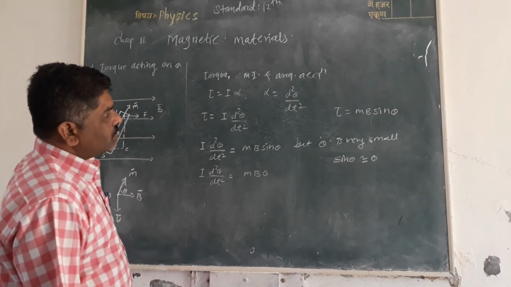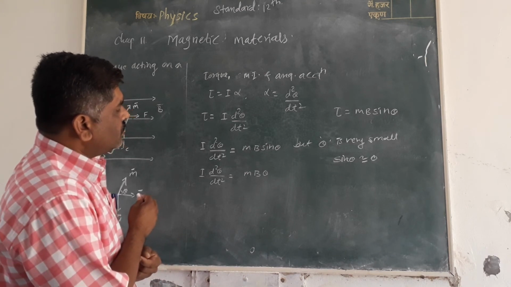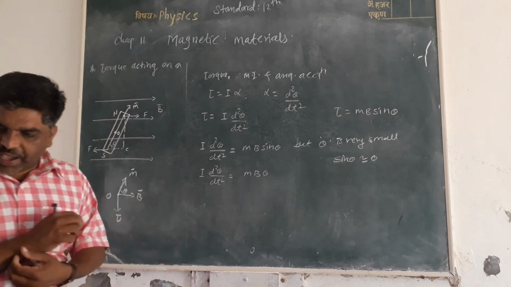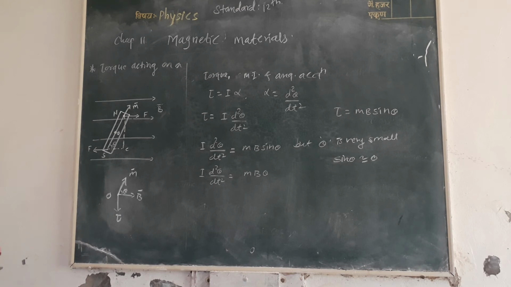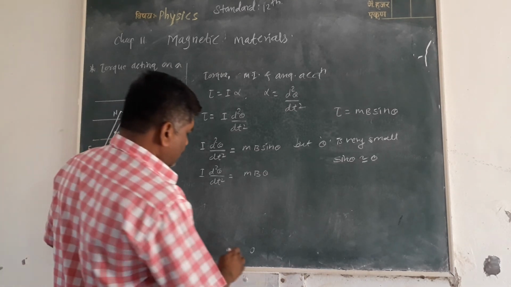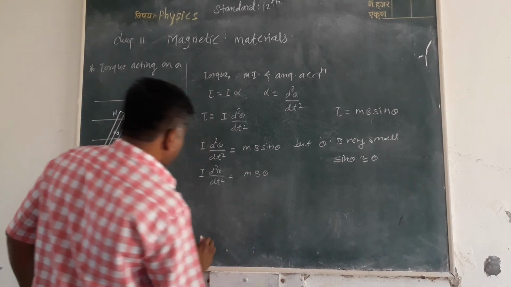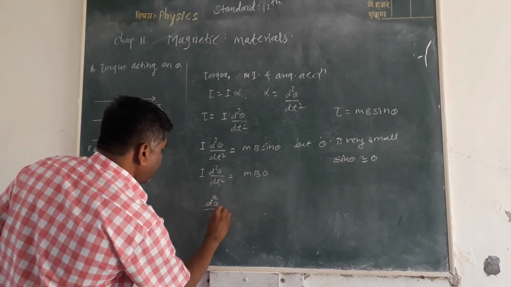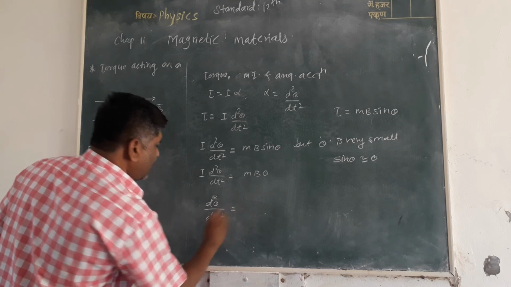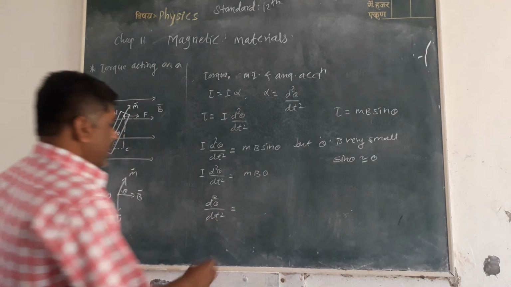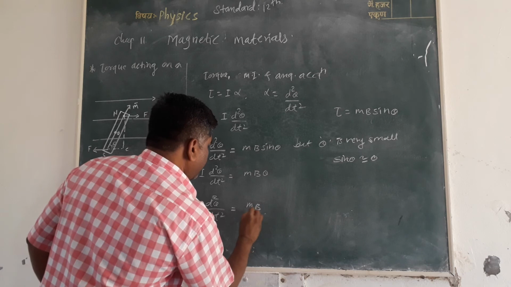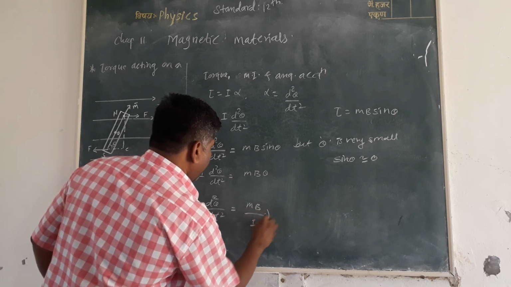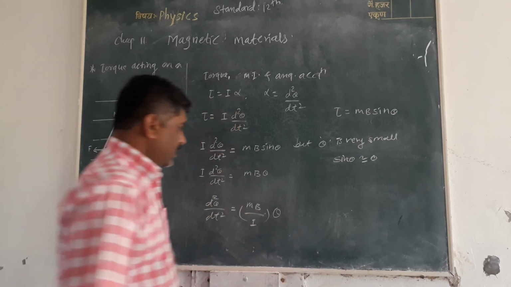This can be written as d square theta upon dt square is equal to MB divided by I into theta.